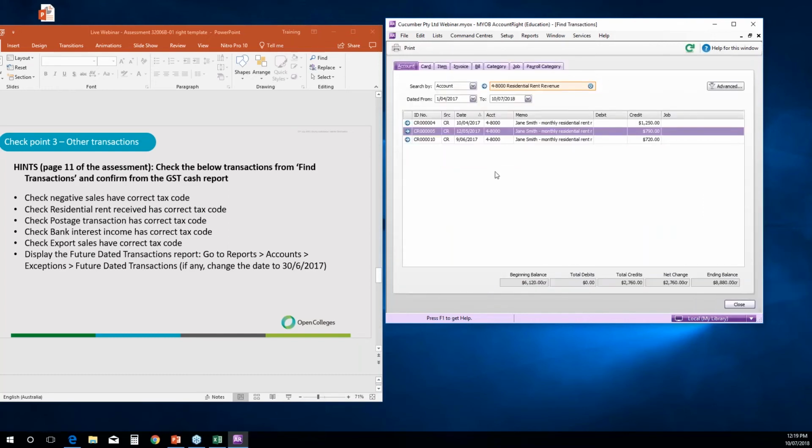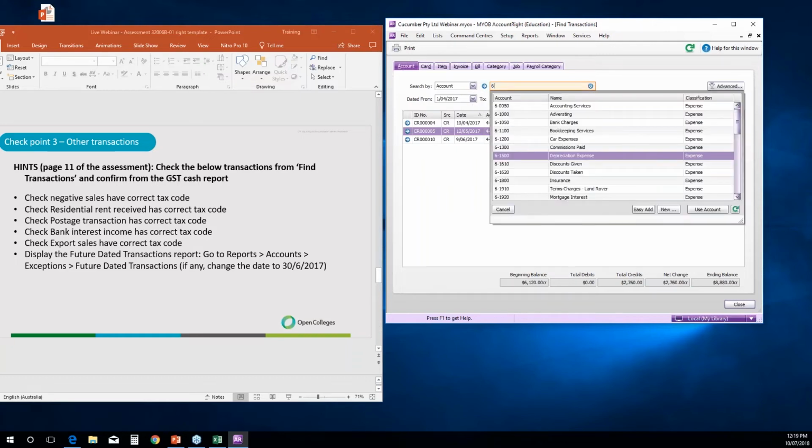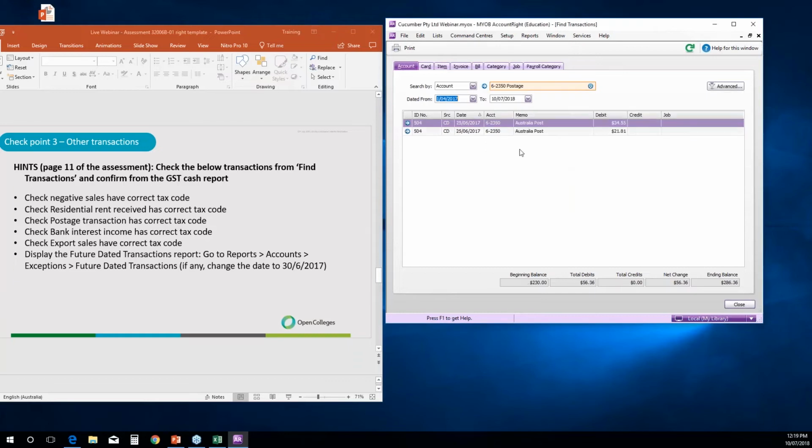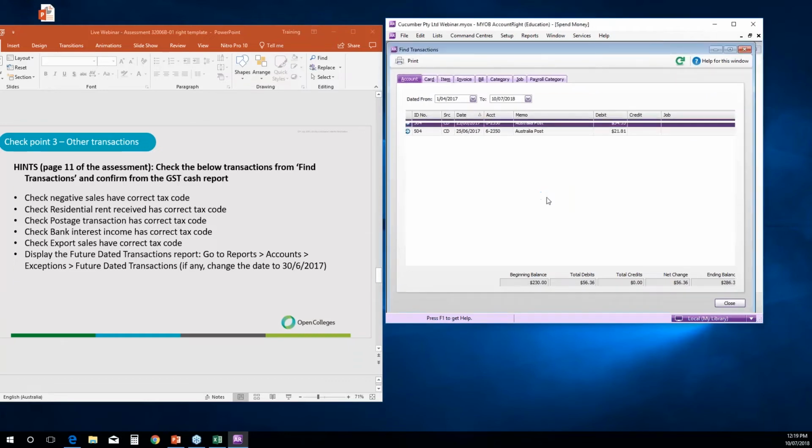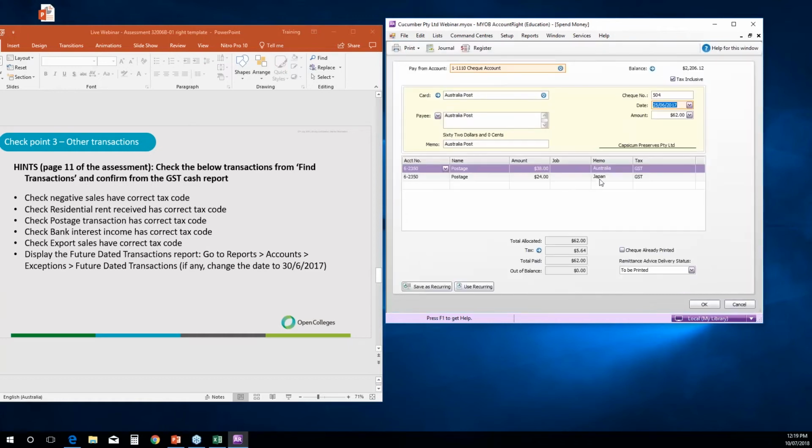So you will go through this one by one. For example, postage. I didn't finish all of them. So postage, you look for the expenses, which will start with number 6. Postage, and have a look at this. One Australia GST. Oh, and one postage to Japan.